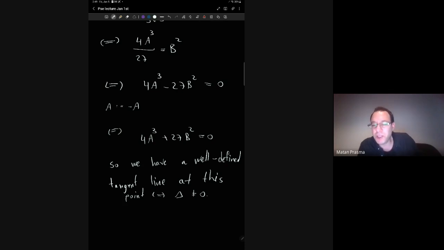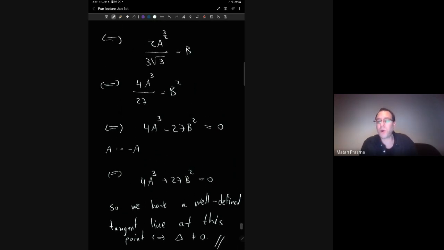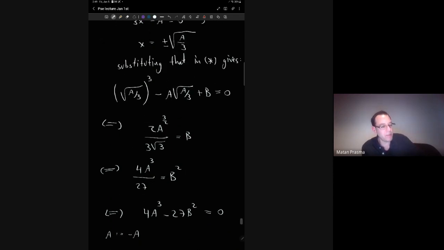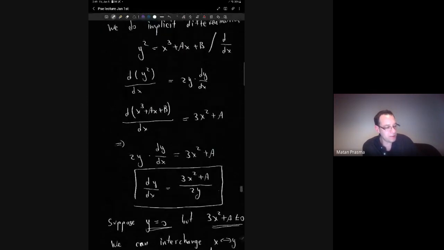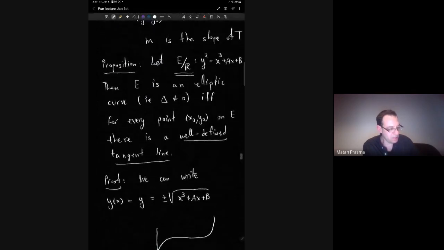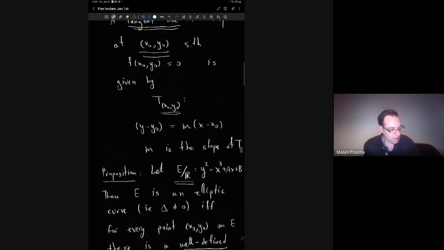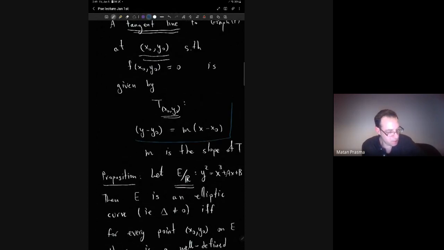So what it means geometrically, at least over R, is that we can talk about the tangent line at every point, and it will be a well-defined notion coming from the equation written here, and the derivative at the point has to be non-zero, otherwise we get a degenerate version.